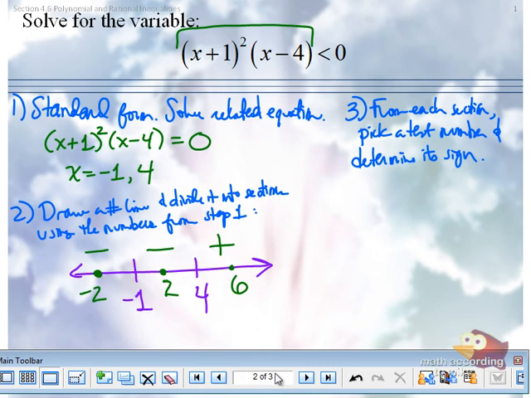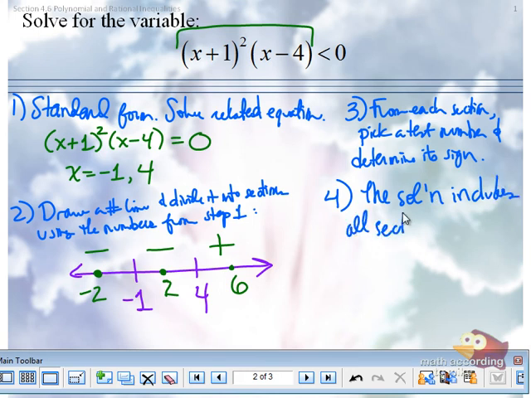Now that we have our signs, these test numbers, -2, 2, and 6, do not matter anymore. They are not part of the answer. Only our critical numbers, if you will, from the first step are important. So step 4, the solution includes all sections whose sign agrees with the inequality.